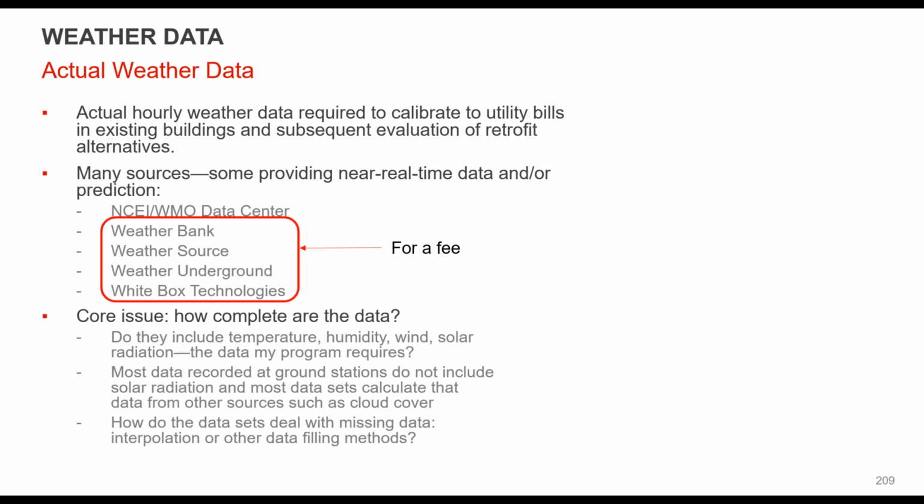The good news is there are other tools out there, other data sets that now have solar radiation data available on a broad range of locations, often a gridded product. So those can help supplement what's in some of the other data sets.